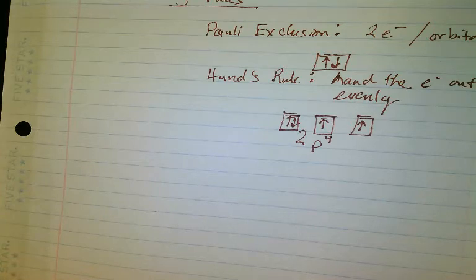There's Pauli exclusion principle, Hund's rule, and what's the other one? Do you remember? Quantum theory? No, the quantum theory is what we're doing. This whole big kit and caboodle is quantum theory.